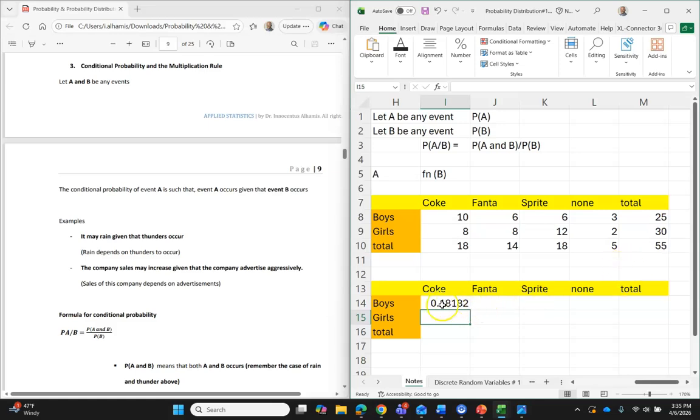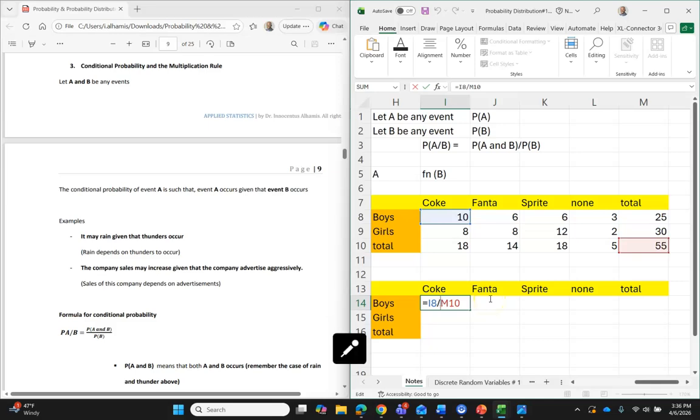So we can actually copy this formula, but I would like to lock down this 55. We'll learn about how we can lock it down. So we can lock down here by pressing F4.